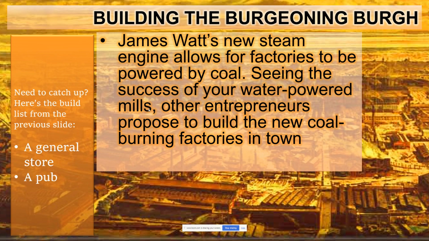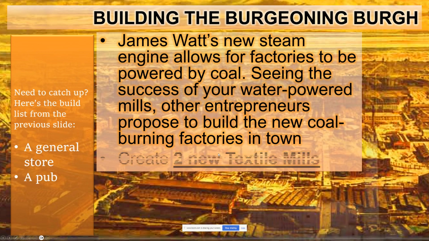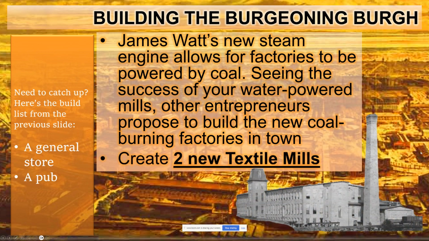Okay, and seeing the success of your water-powered mills, other entrepreneurs decide to propose a new coal-burning factory in the town. So a factory that burns coal, which is again different than the water-powered mills before. So what you're going to do is generate 2 textile mills.